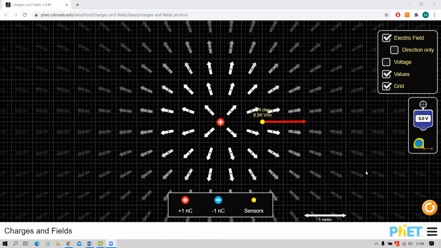And what else? What you see over here is a voltmeter. It shows a crossbar, and right at the center of this crossbar, it shows the value of the voltage at that point with respect to this source.